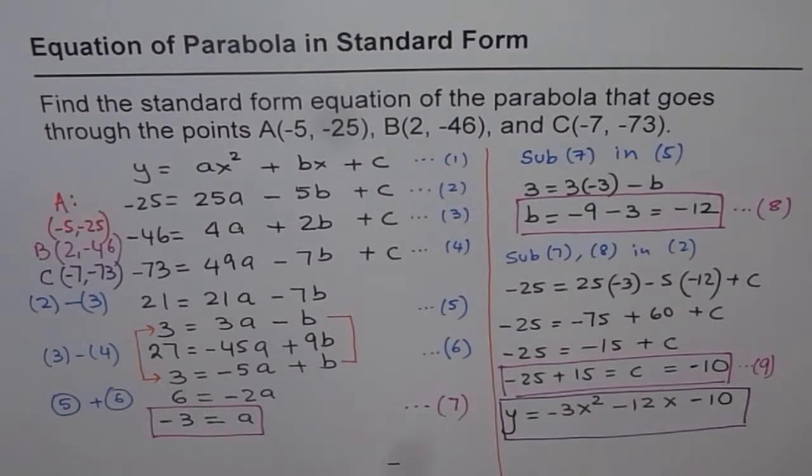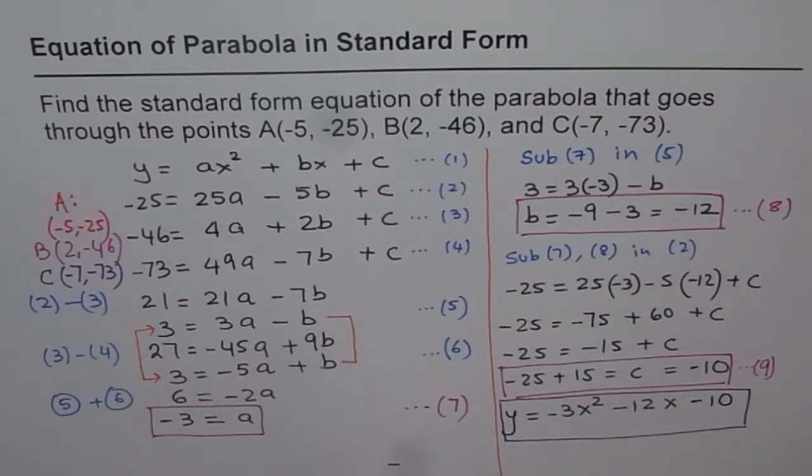I hope with this you understand and appreciate the method of getting equations in standard form from the given points. Well, to summarize, take the points, substitute them into the standard form equation y equals ax squared plus bx plus c. We need to find 3 unknowns a, b and c.